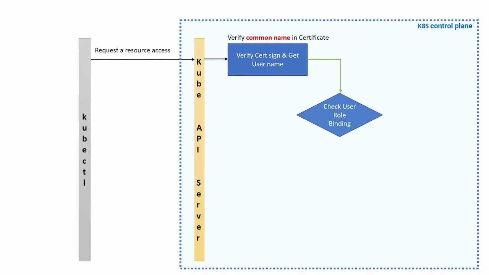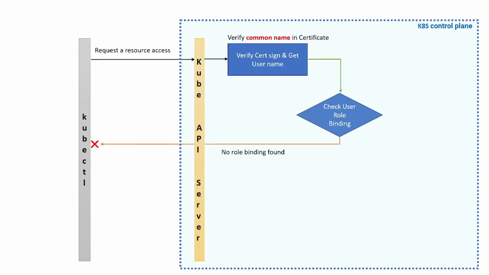Actually, there is no Kubernetes object for a user. It will see the common name in the certificate and consider it as the user. Then it will try to get the role binding, that means the connection with a role for that particular user, whether it is available or not.